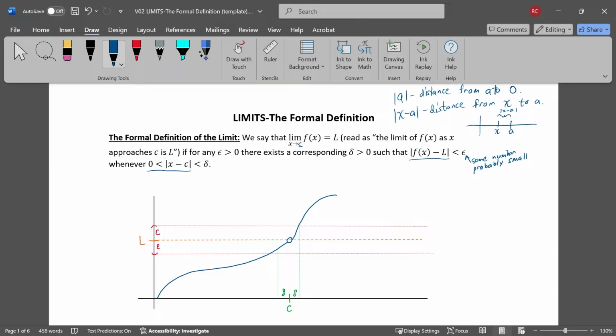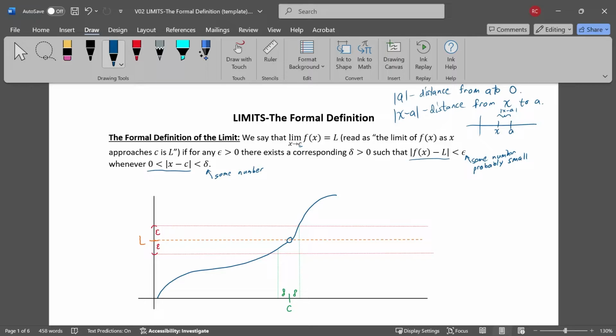It's just a placeholder we're putting in place of some number. So we're saying that the distance from f of x to L is less than some small number whenever the distance from x to c is less than another small number that we call delta. So again, delta is some number.